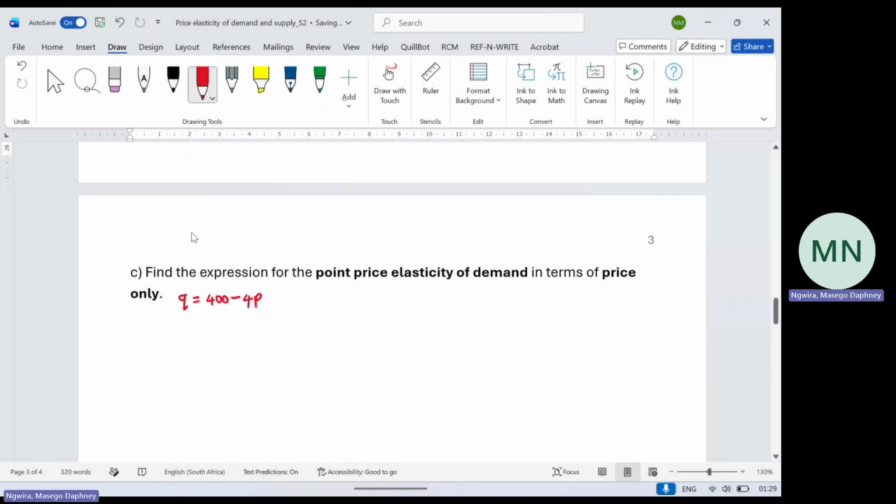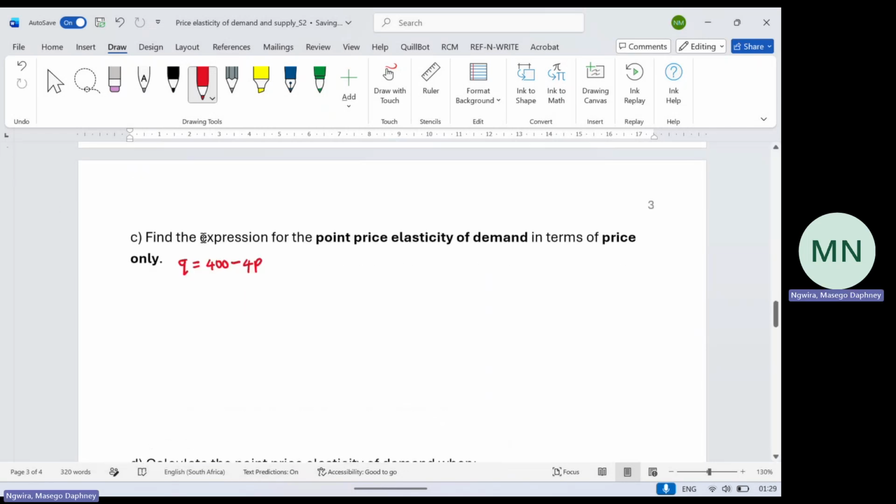Remember, the standard form for a demand function is Q is equal to A minus BP, so this being your slope. Okay, just to remind you.